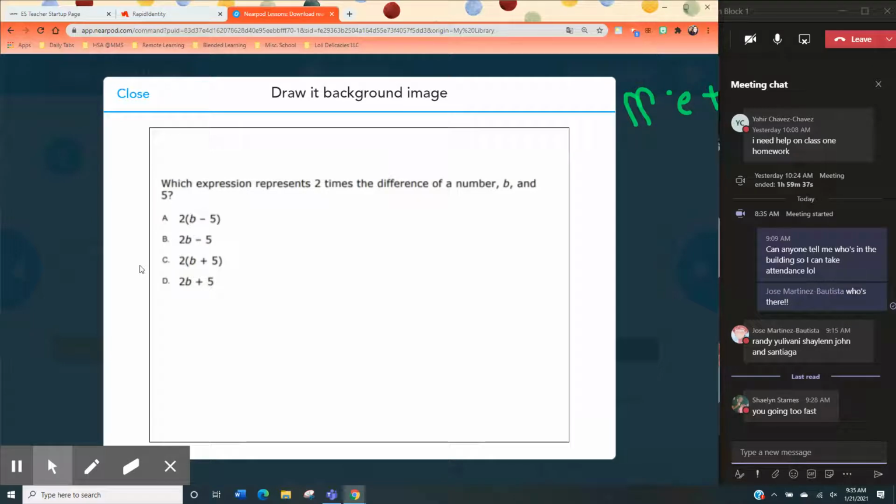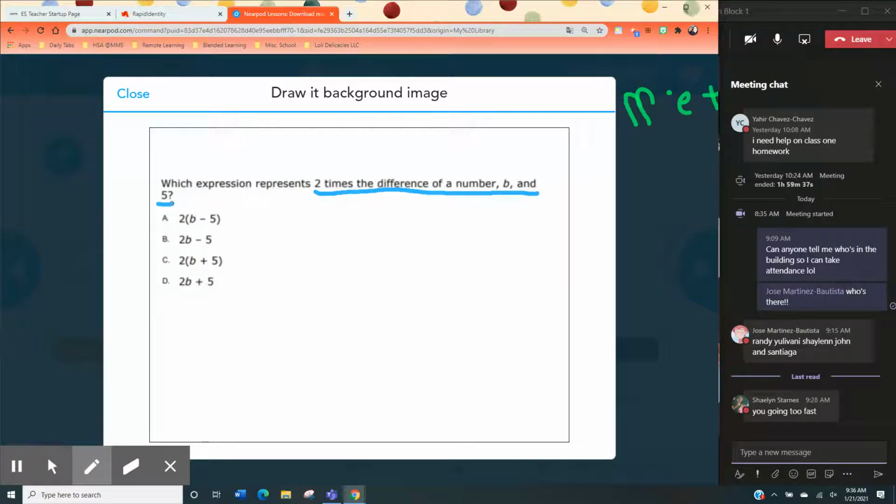Okay, so I'm going to read it one more time and underline important information. Which expression represents 2 times the difference of a number b and 5? We have to be very careful with this so that we don't make a mistake.